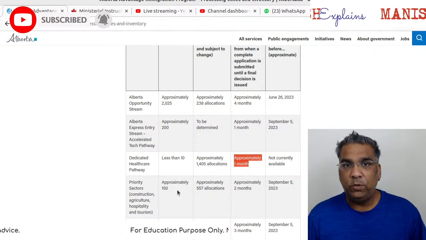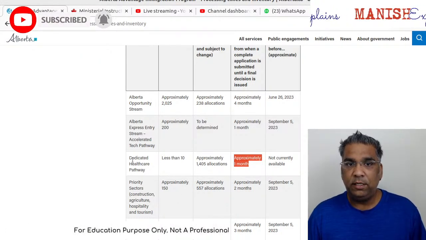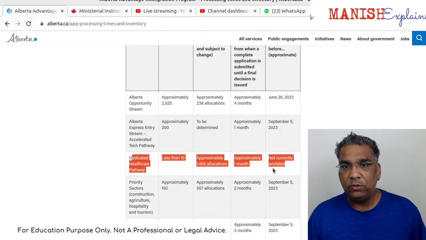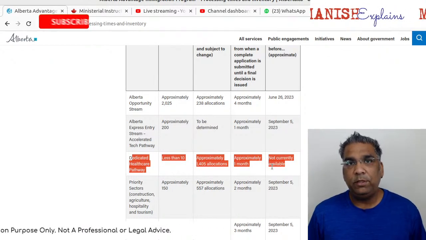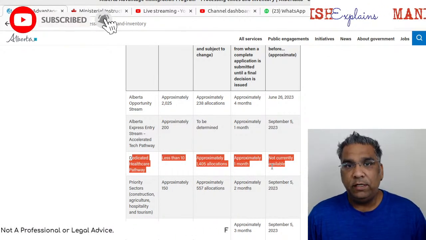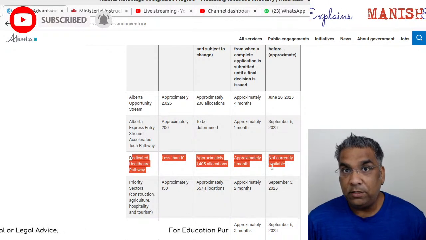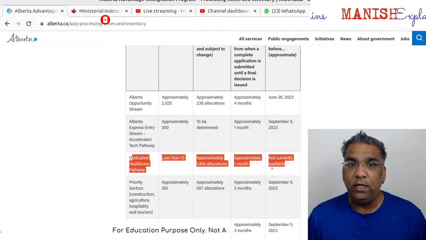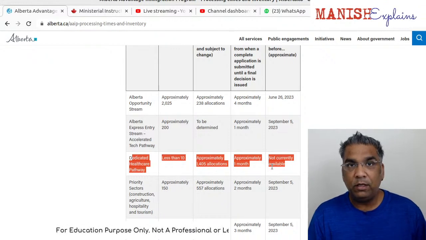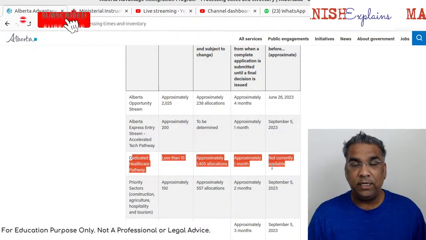So where I was: the dedicated healthcare pathway. This is a very good example of a stream where the demand doesn't look to be very high based on the declared data.